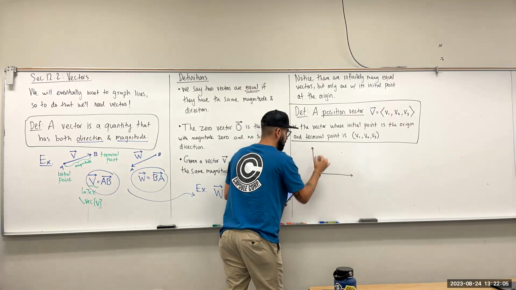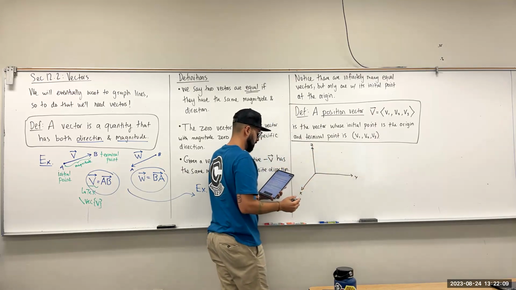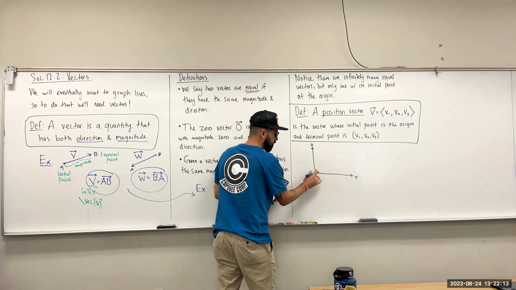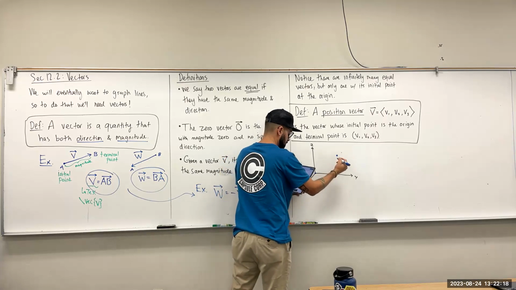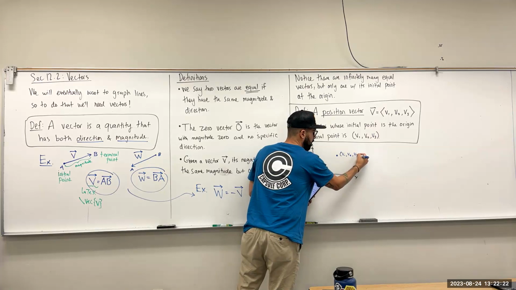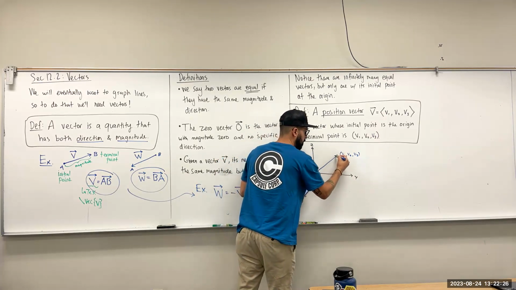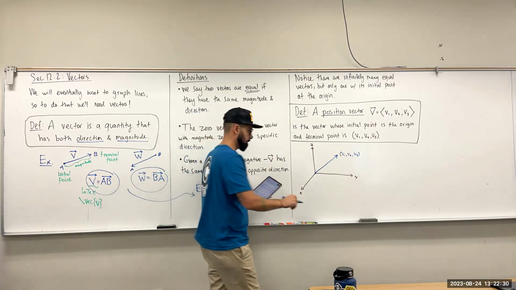Practice our R3 drawings from Tuesday. So it starts at the origin right here. And let's say this point right here is the point with coordinates V1, V2, V3. That position vector is the one that connects it to that point right there. But it starts at the origin.